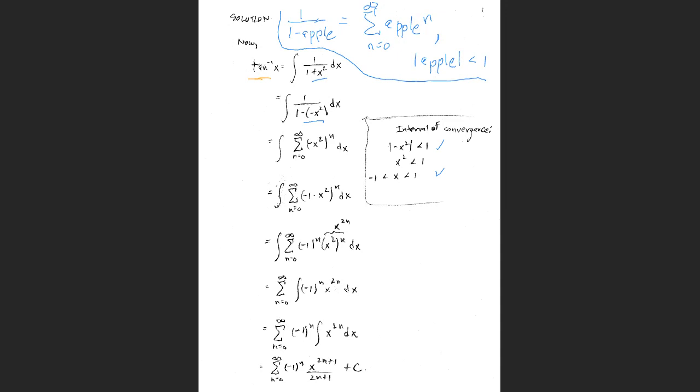But in order to make this useful, we have to simplify what's inside here a little bit. So the negative x squared to the nth power I can write as negative 1 to the nth power times x squared to the nth power.